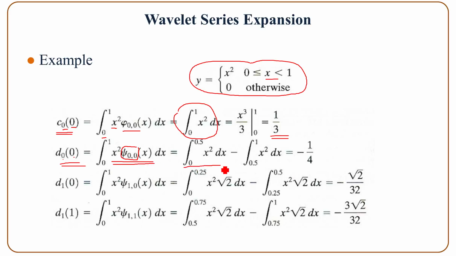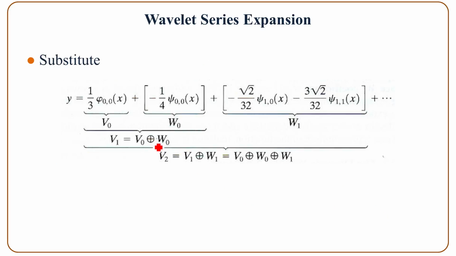So basically you get two integrals, and this is the result. Following the same method, you get d 1 0 and d 1 1. And substitute all the coefficients in. We get this.